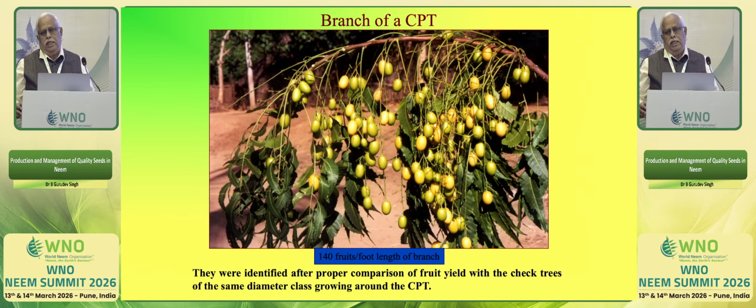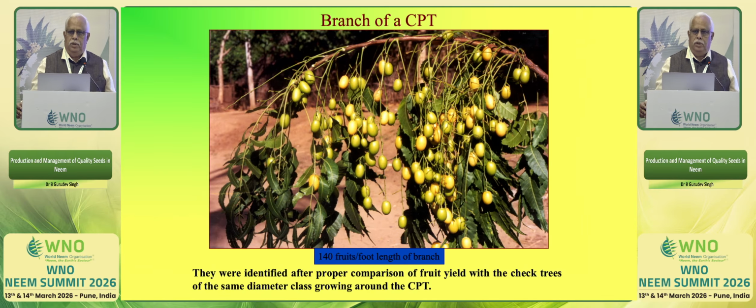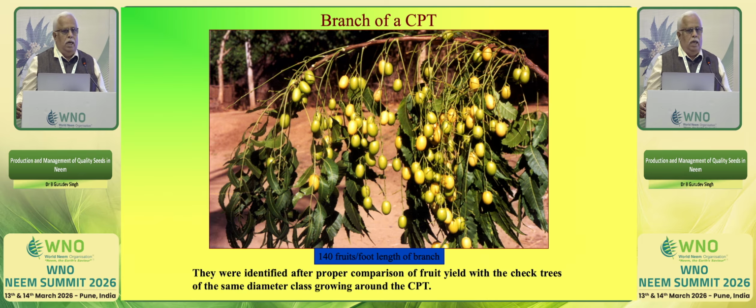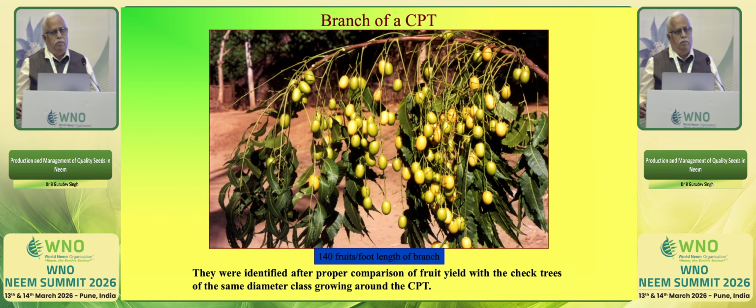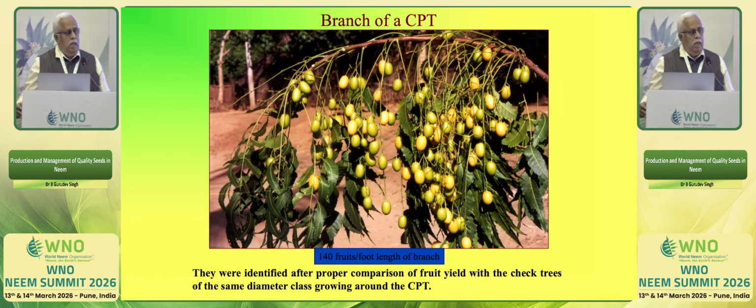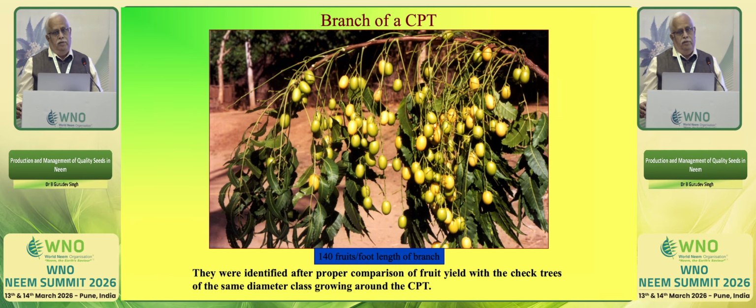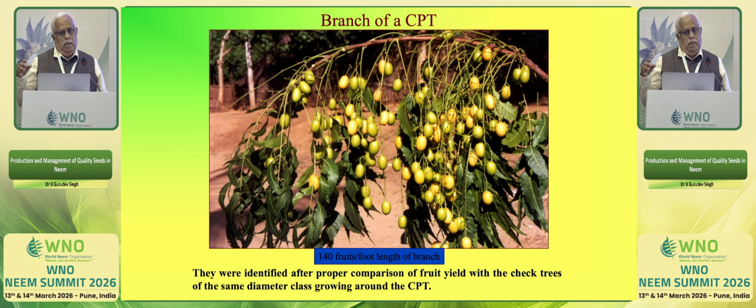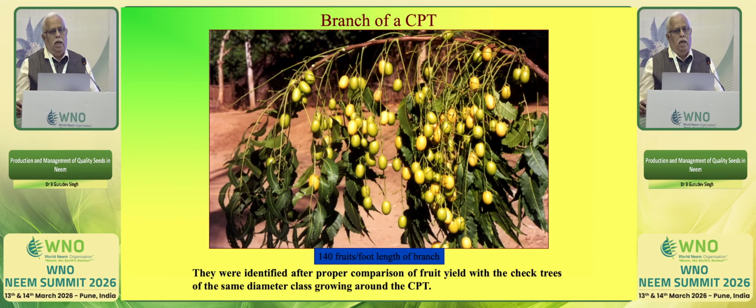Neem trees usually come into flower in the month of March, April, and the fruits will be available for collection by July, August. Usually there will be a flush of leaves in January, February, flowering in April, and in July, August the fruits will be there.